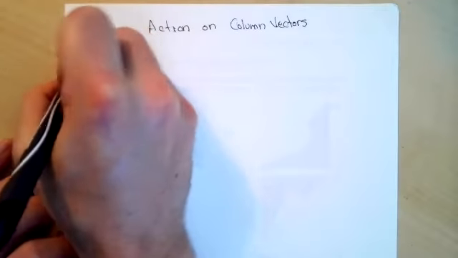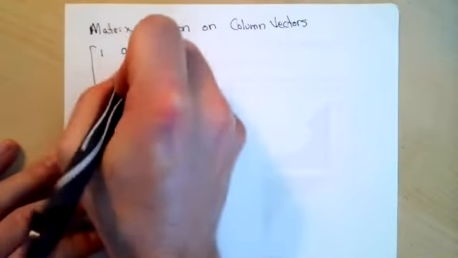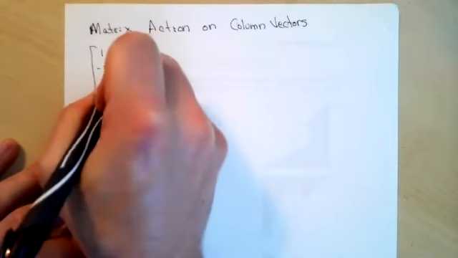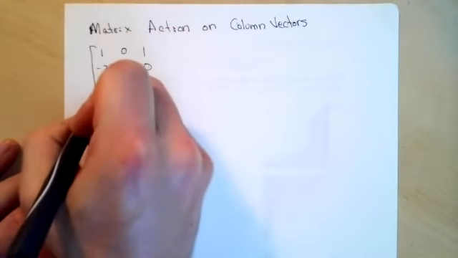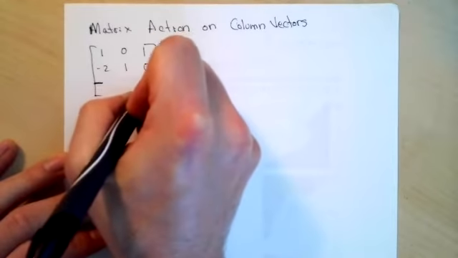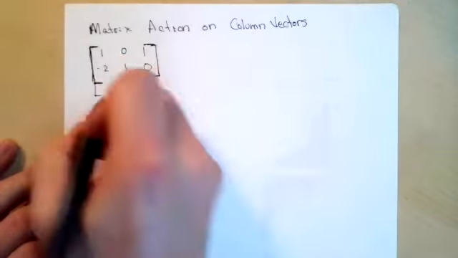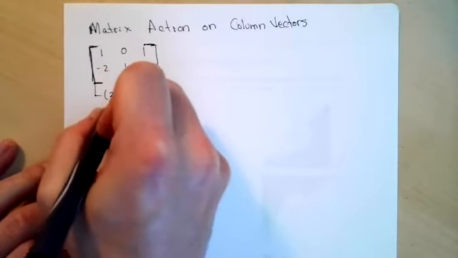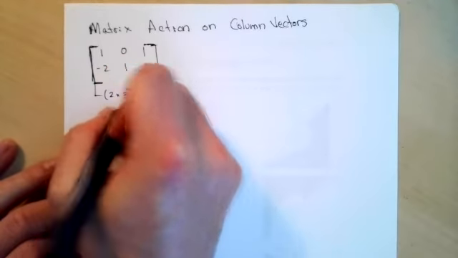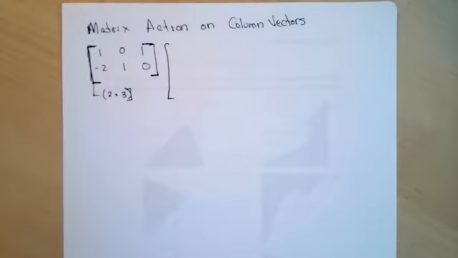So if we have, let me write some numbers, 1, 0, 1, minus 2, 1, 0, and let's keep it at 2 by 3. Maybe if you want to put some notes, we have a 2 by 3, which means it has to act on the column vector of size 3.